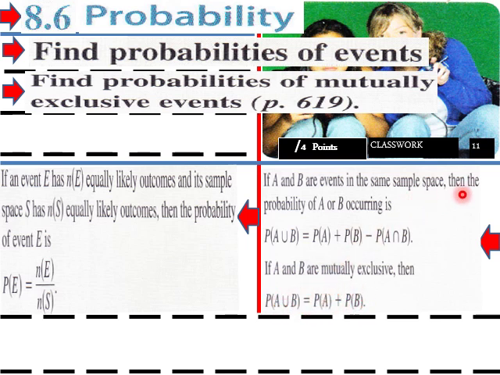Up here, if A and B are events in the same sample space, then the probability of A or B occurring is this. And then down here, if they're mutually exclusive, this would be your formula here: probability of A plus probability of B.